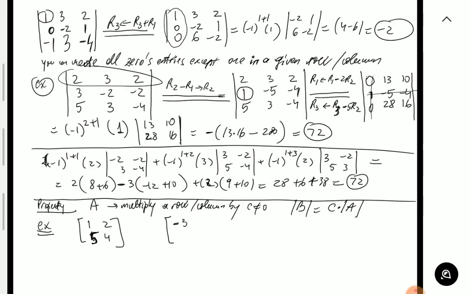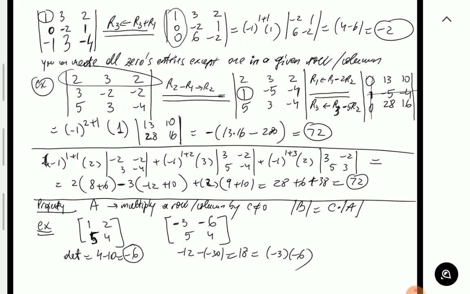So 1 times -3, 2 times -3, that's -6. If you look at the determinants of these, so the determinant is 4 minus 10, which is -6. And this one is -12 minus -30. That's 30 minus 12 makes it 18. So notice that 18 is precisely -3 times -6. So it's that multiplier, basically, -3, that you had on the same row.